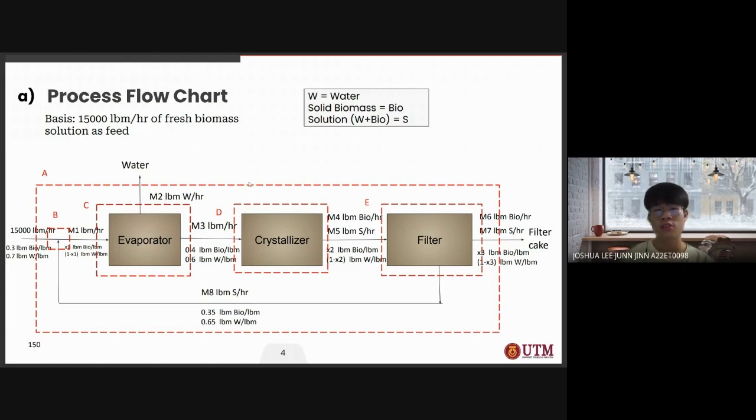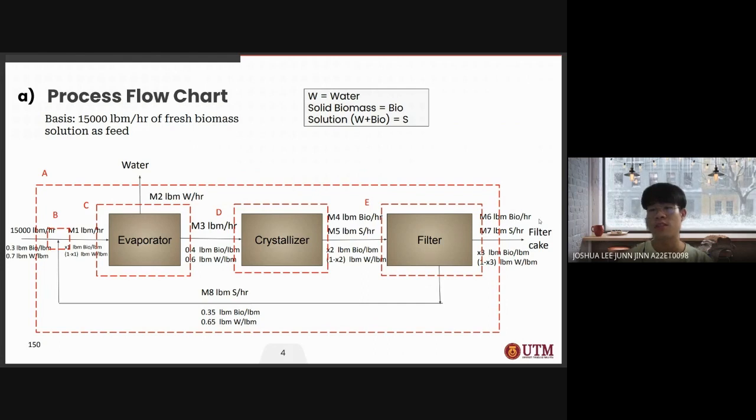The concentrated solution is then passed through the crystallizer to form a mixture of pure biomass solid and biomass solution. So M4 will be the mass flow rate for the pure bio solid, and M5 will be the solution. The mixture is then fed into the filter to produce two outputs, the filter cake and the filtrate.